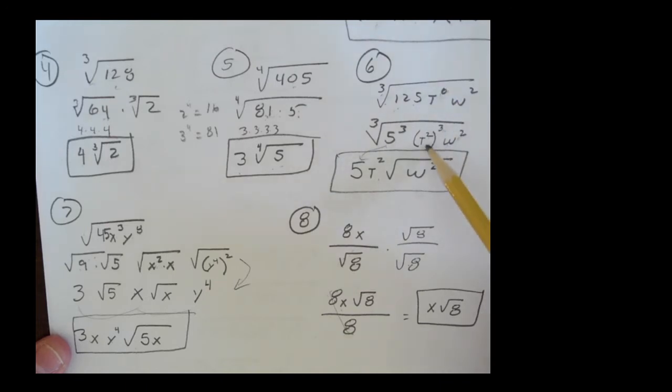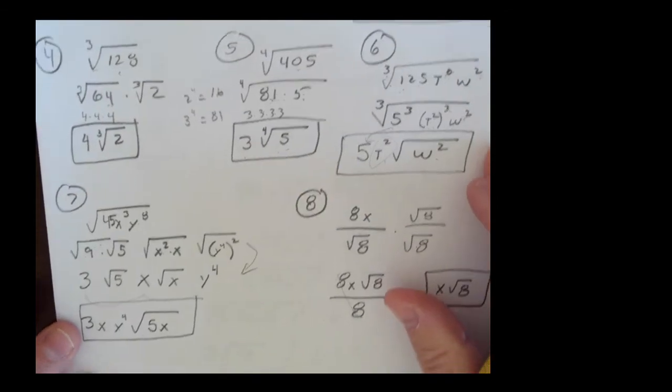It's t squared. So we can take that out. And then w squared, that's not enough to get a third root of w, because it's only w squared. So that just stays inside the root, and then that becomes our answer.